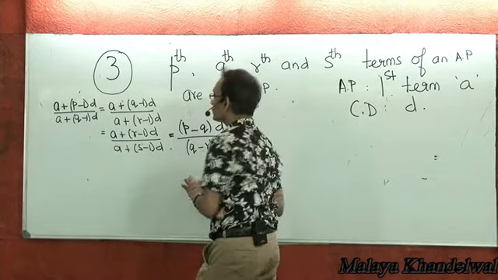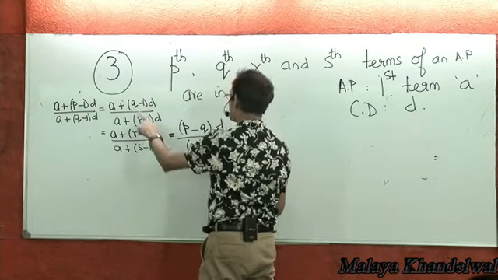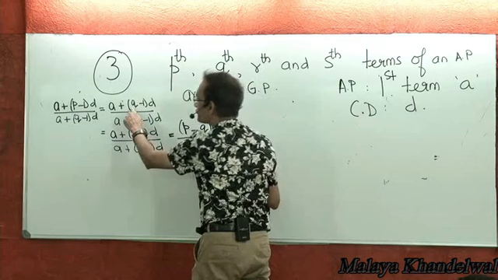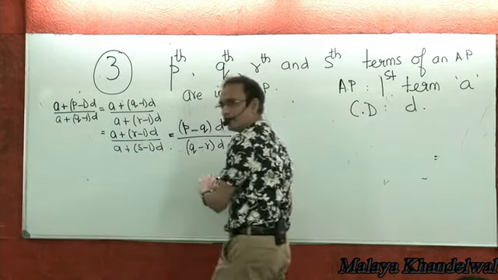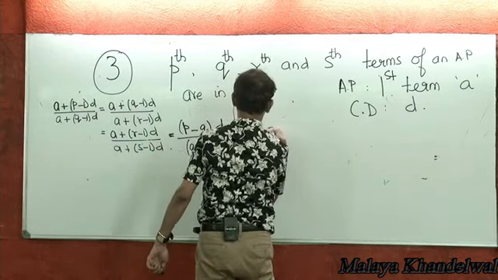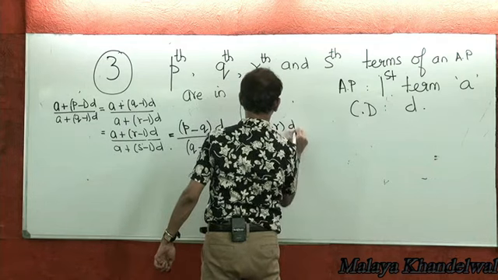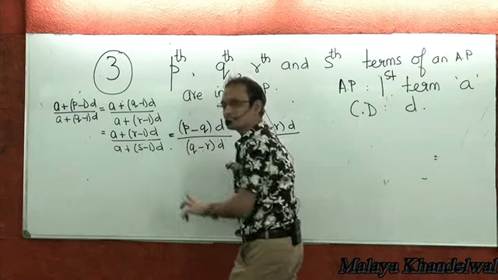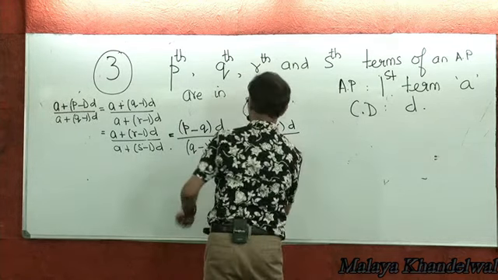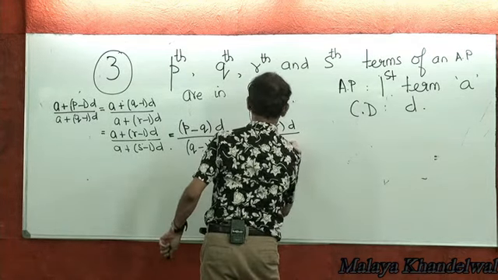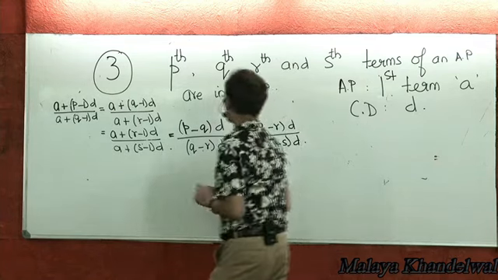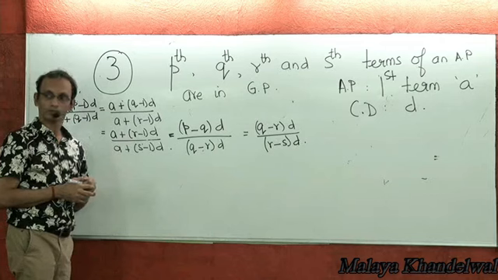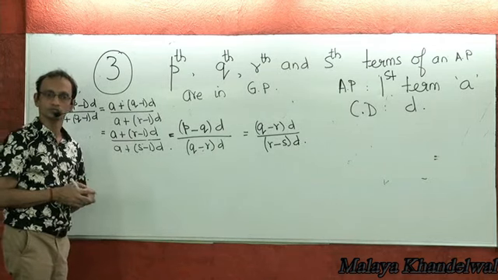So each of this is P minus Q into D divided by Q minus R into D, right? If this is equal to this, then again each will be difference in the numerators divided by difference in the denominators. Difference in numerators is Q minus R into D divided by difference in denominators R minus S into D. Yes or no?